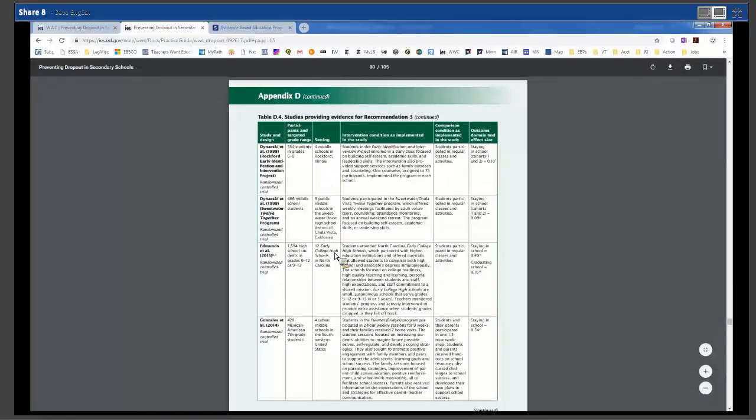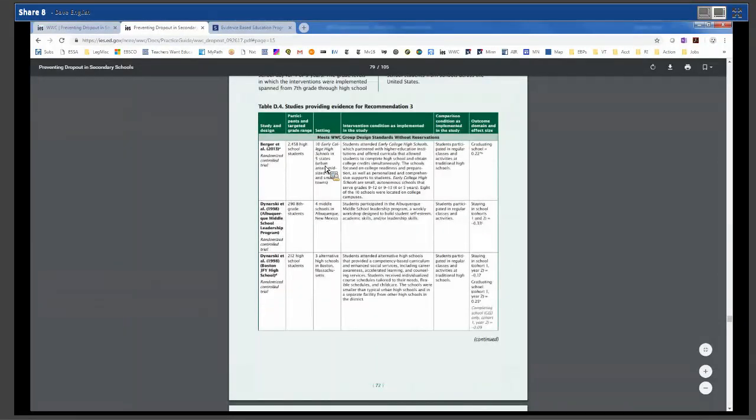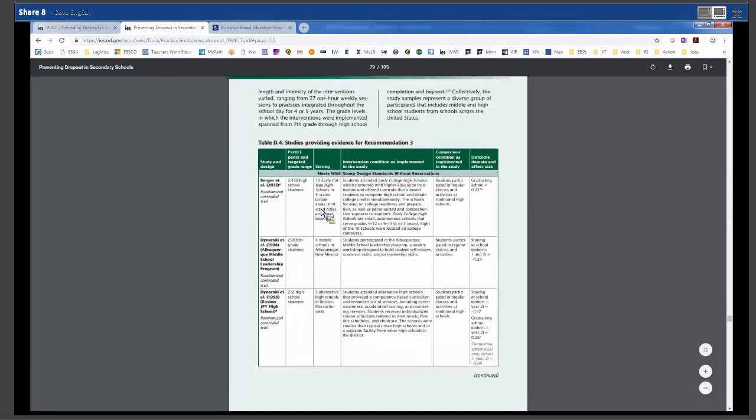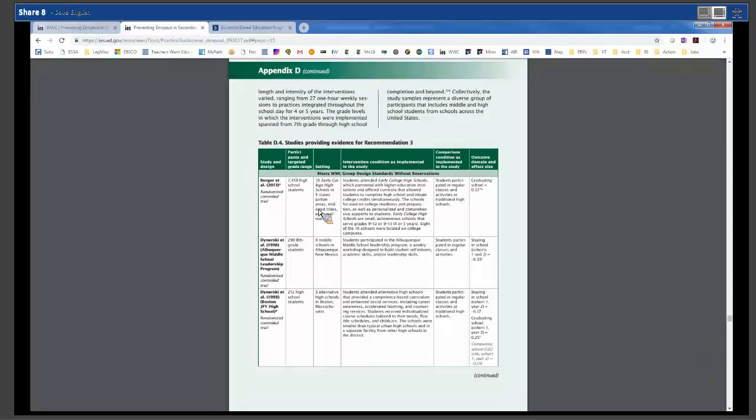Here for participants and the student population, you're going to see grade span. And then for settings, you might see middle schools, you will often see rural, urban, etc. And the key here is that these two columns are going to need to align with the criteria for the different evidence tiers.